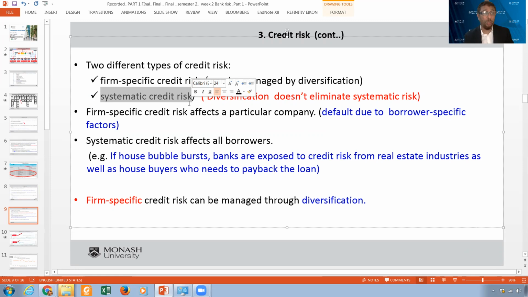But we can also have systematic credit risk. In other words, if there is a new technology, for example, you have a portfolio, and you are investing in everything.